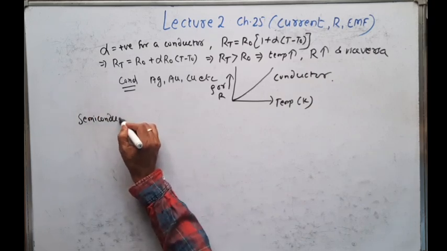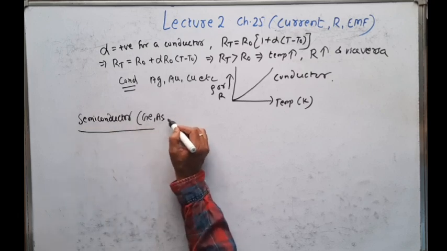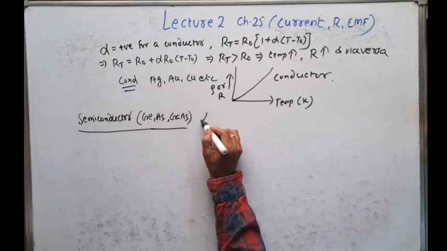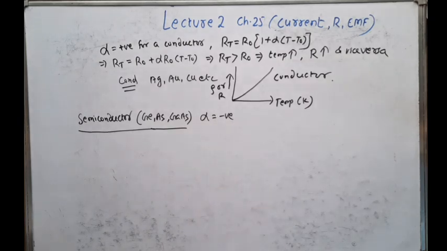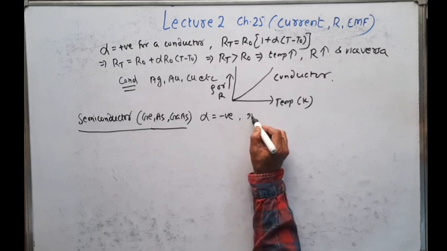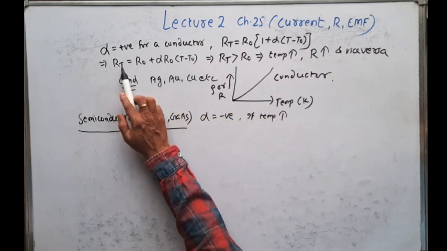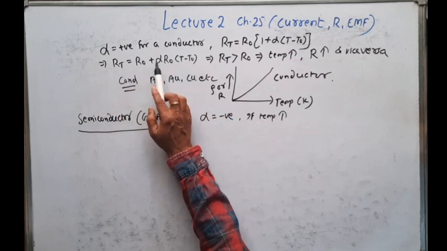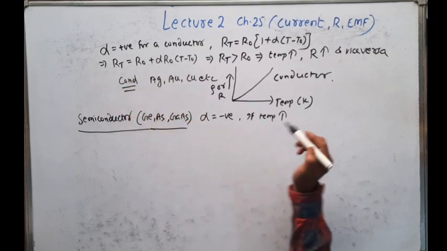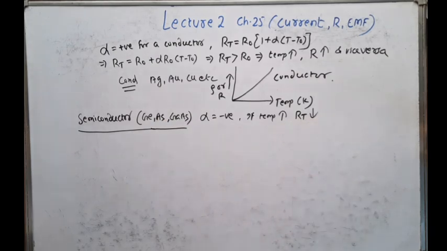Examples of semiconductors are germanium, gallium arsenide, and so on. Here alpha is negative. Alpha negative means if temperature increases, RT is equal to R naught minus something, because alpha is negative. That implies if temperature increases, resistance decreases.